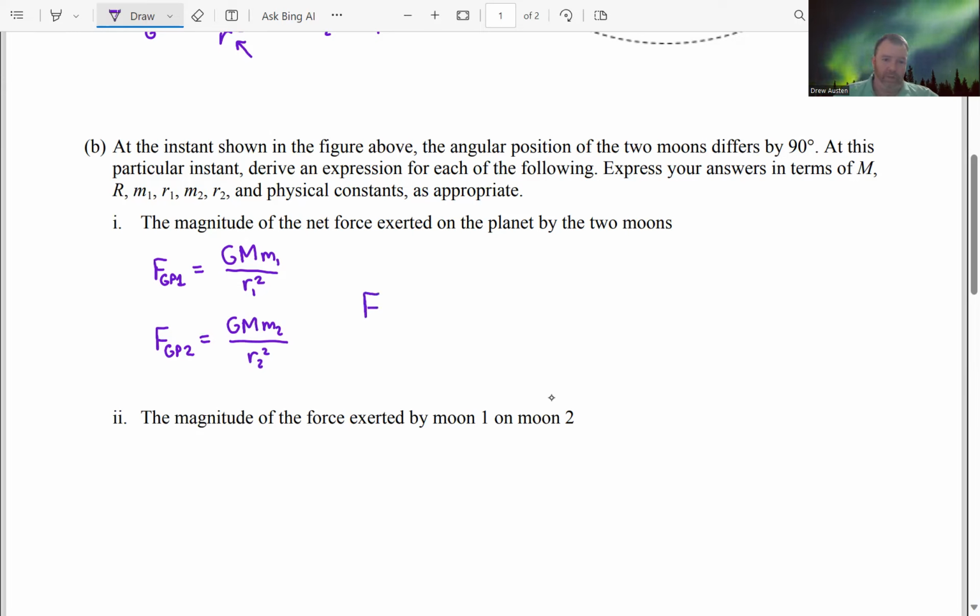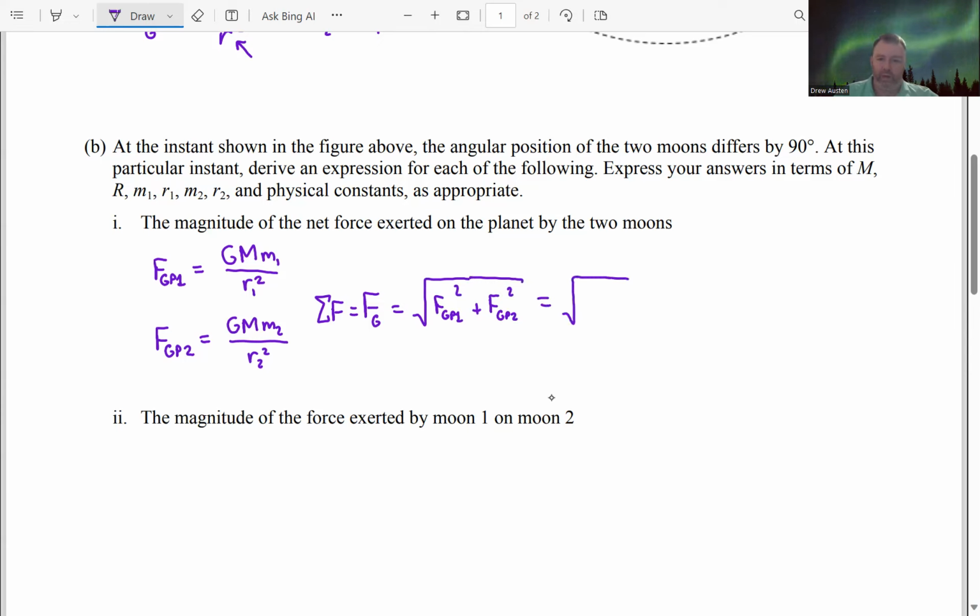So the total gravitational force, which is also just the net force, is equal to the square root of FGP1 squared plus FGP2 squared. So I'm going to get those formulas plugged in.